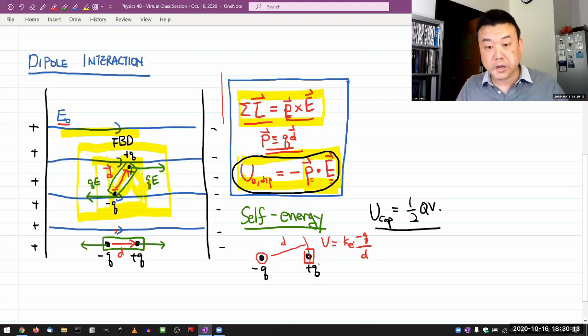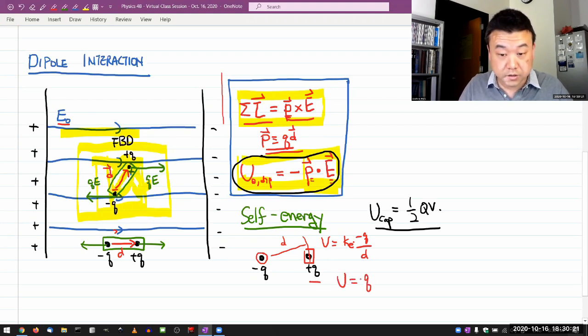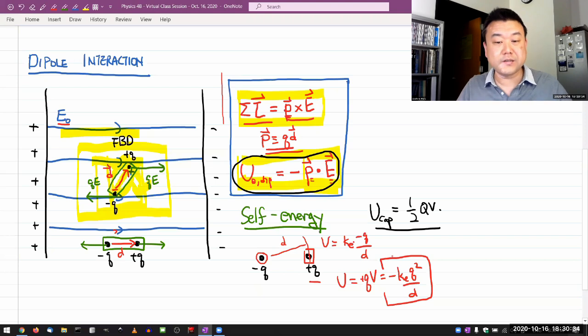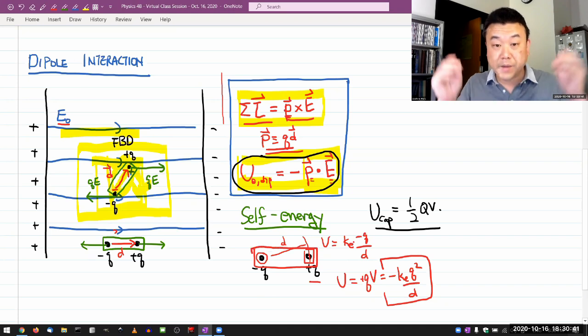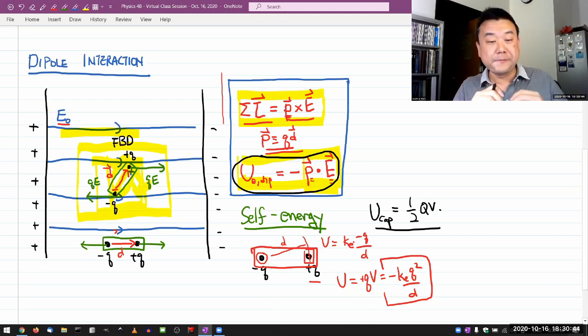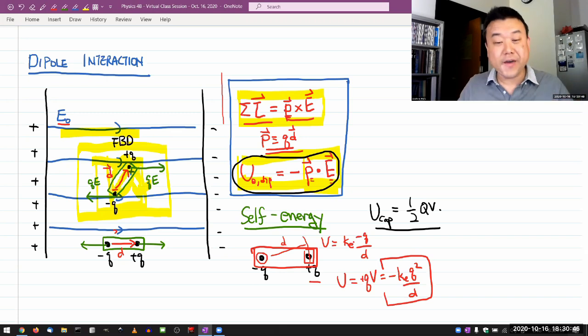So there's a potential energy of interaction for this positive charge, and that interaction energy will be the amount of charge, plus q, times the potential, or minus Coulomb constant times q squared over d. So this is negative, which means it's a bound state. The positive charge and the negative charge attract each other, so they are bound to each other, and so there's that self energy. That's the self energy of a dipole.